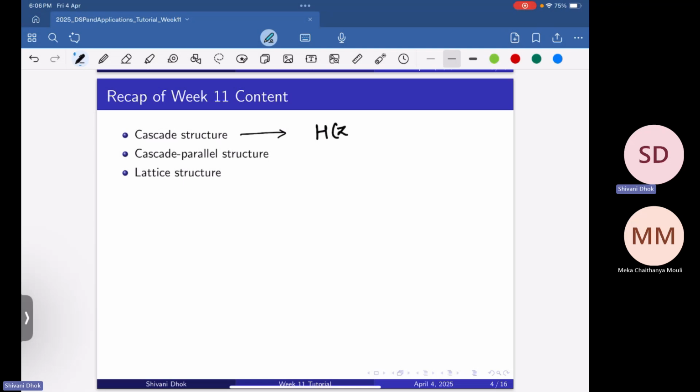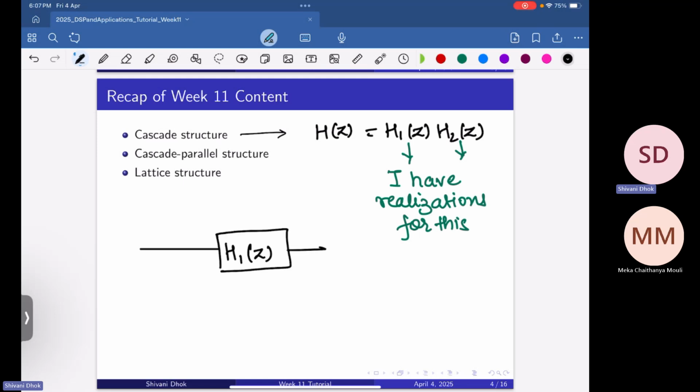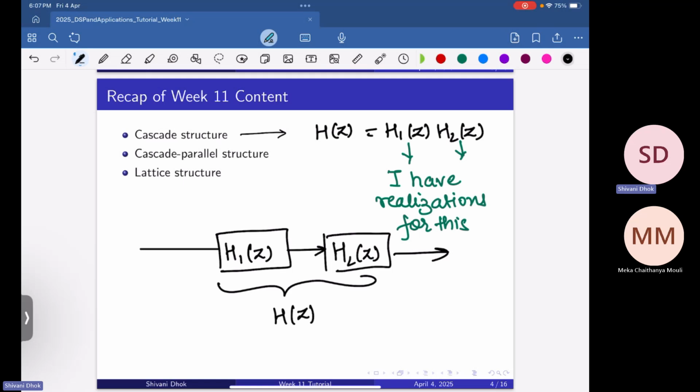If the system response H(z) I can write as H1(z) and H2(z), and suppose I have realized blocks for these, then I can connect these two in cascade form, something like this. And this equivalent will be simply my H(z).